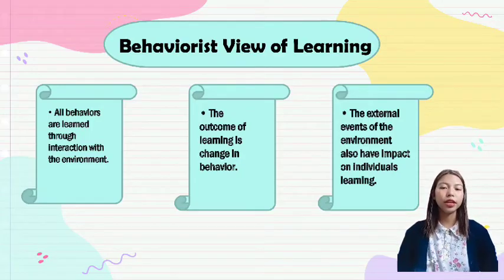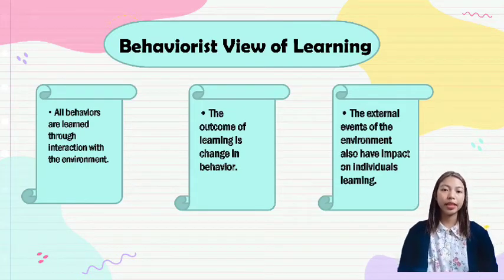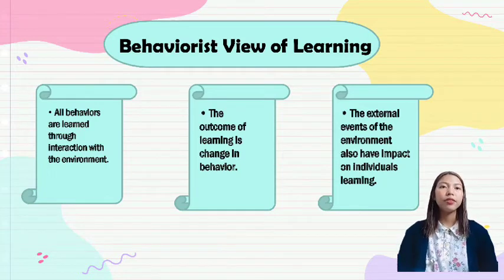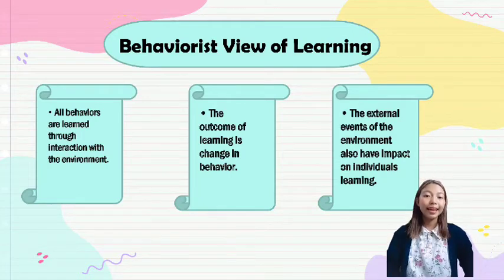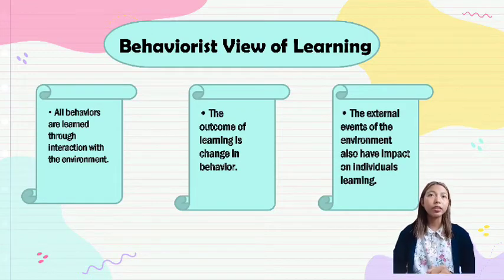Behaviorist view of learning is a psychological approach to learning which is mainly based on the idea that all behaviors are learned through interaction with the environment. Second, the behavioral view of learning generally assumes that the outcome of learning is change in behavior as the interaction takes place with the environment.